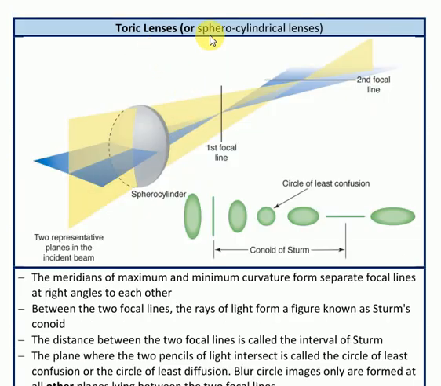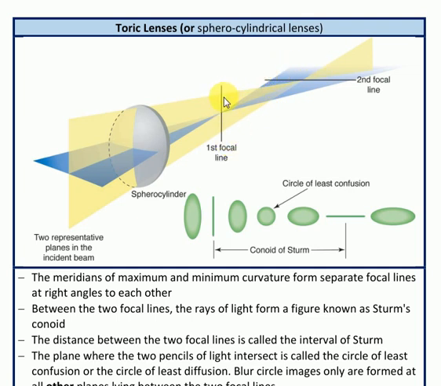Toric lenses are the lenses with one toric surface. They are also known as spherocylinder lenses. Toric lenses do not produce a single defined image because the principal meridians form separate line foci.